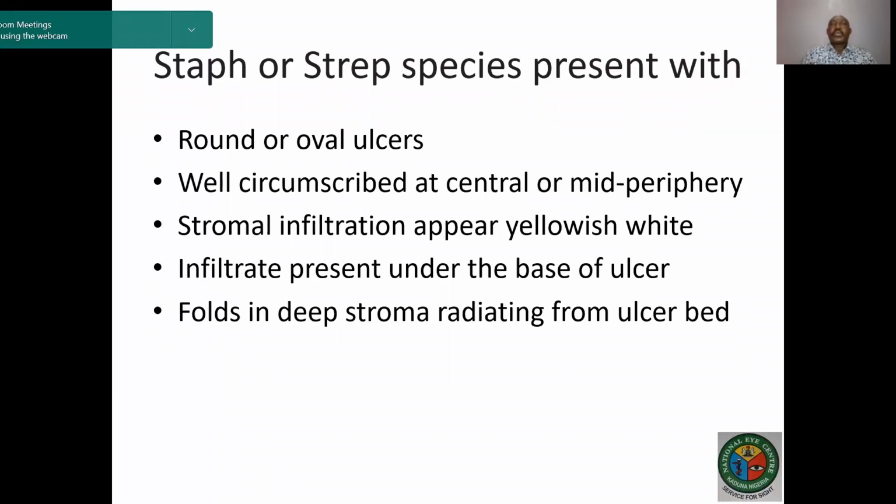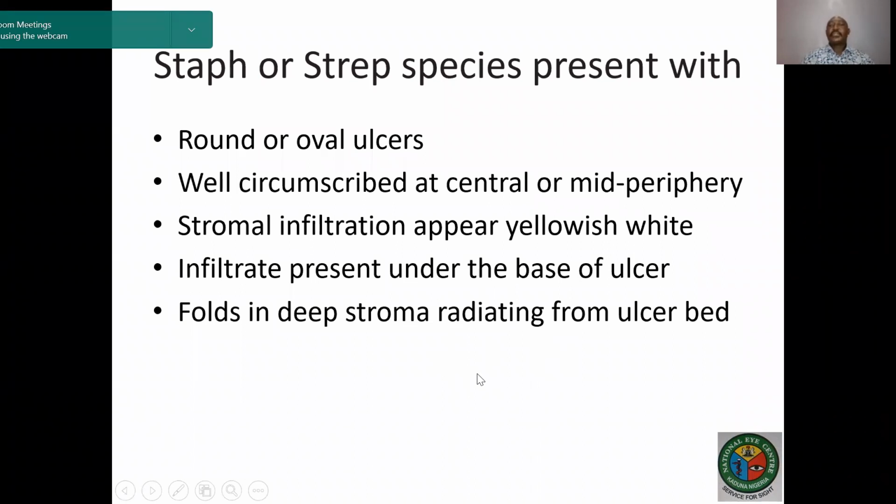For staphylococcal and streptococcal species leading to ulceration, it has been generally known and observed that the ulcers are usually round or oval. They usually have a well circumscribed area, and they are well limited to either the central or the mid periphery of the cornea.